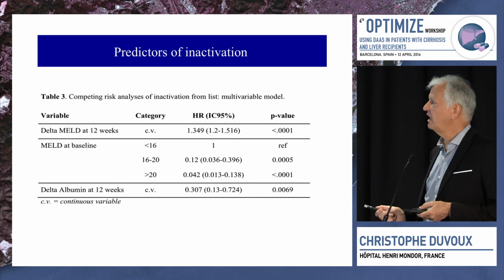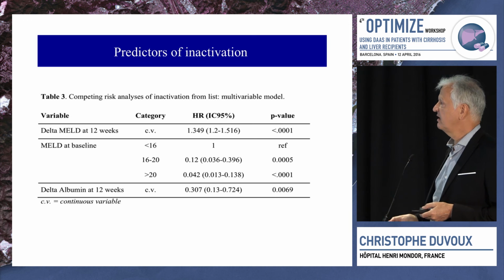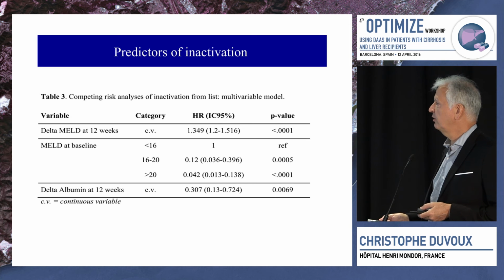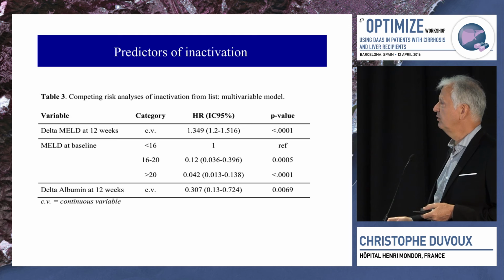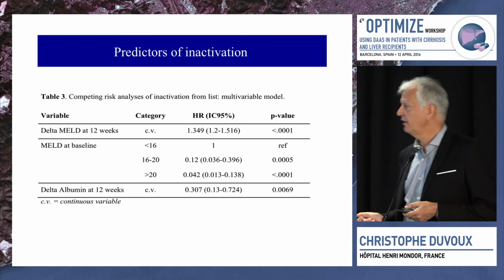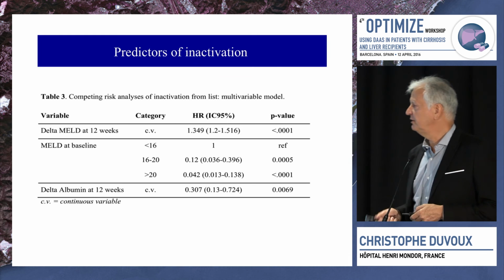But also 2 dynamic factors: delta MELD, the difference between the MELD at baseline and the MELD at 12 weeks after treatment, and also delta albumin. So the higher the delta MELD, the improvement of the MELD, the higher the probability to be inactivated, and the higher the improvement in the serum albumin, the higher the probability to be delisted.